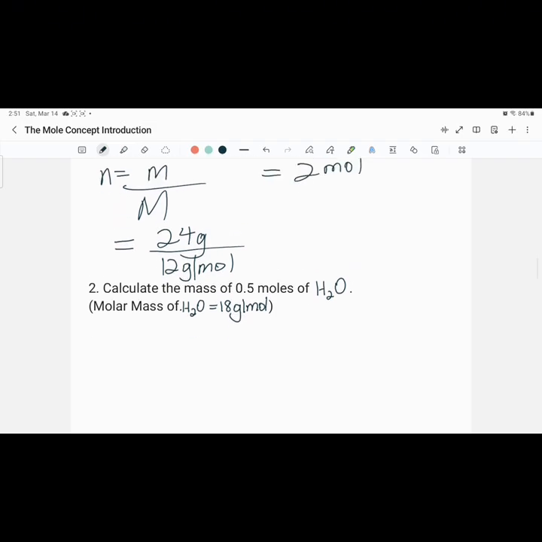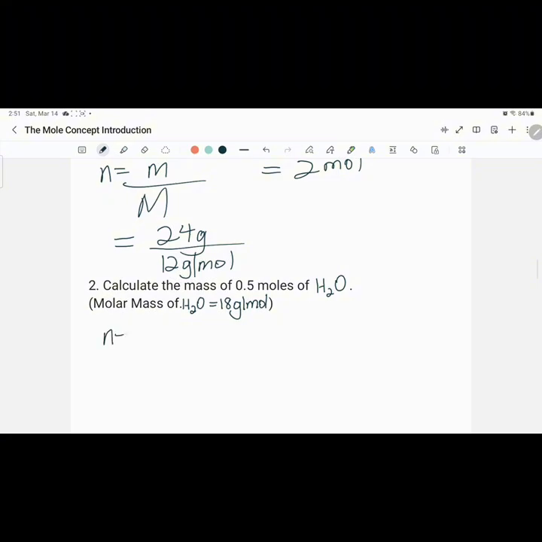We could use the same formula we used previously, which is n equals little m over big M, but in this case we're making little m the subject of the formula. So little m, which is mass, equals the number of moles times the molar mass. The number of moles in this case is 0.5 moles times the 18 grams per mole.